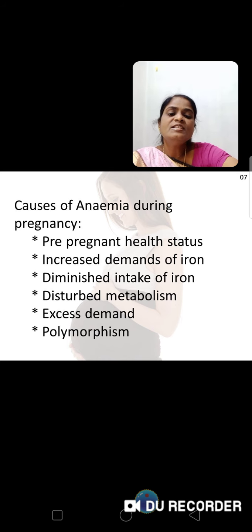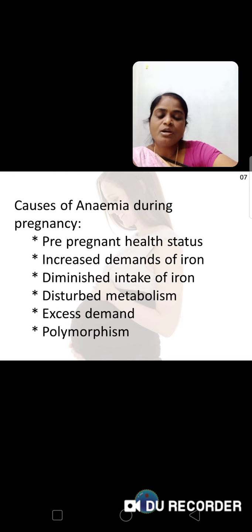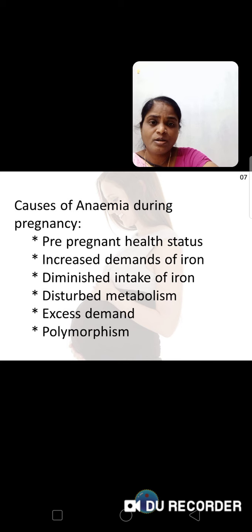And next is disturbed metabolism. Disturbed metabolism may involve erythropoiesis itself. There is iron binding capacity and iron absorption; insoluble iron may occur in the intestines, causing inadequate absorption.